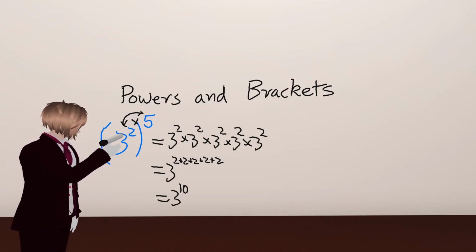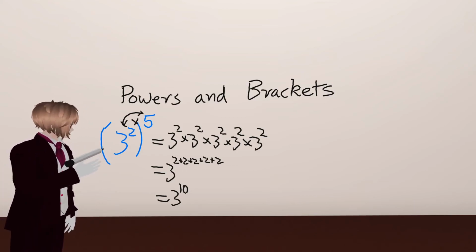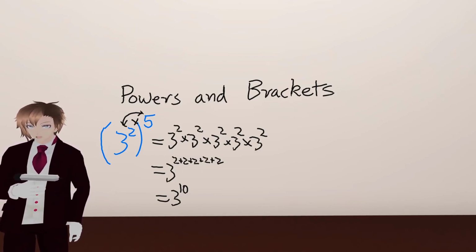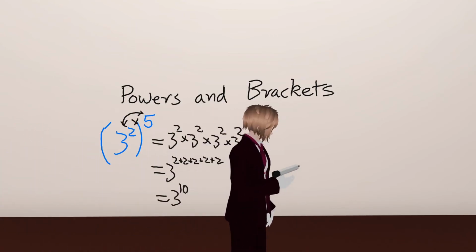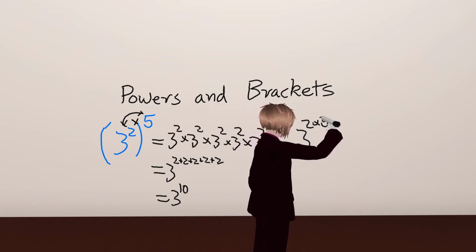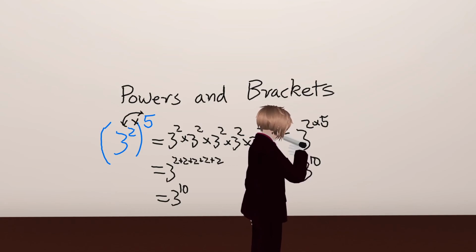So when you have 3 to the power of 2 to the power of 5, you can write 3 to the power of 2 times the power of 5. Let's write that over here. So instead, we could just write 3 to the power of 2 times 5, which is equal to 3 to the power 10.